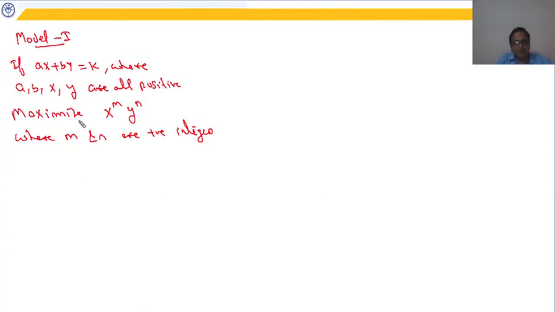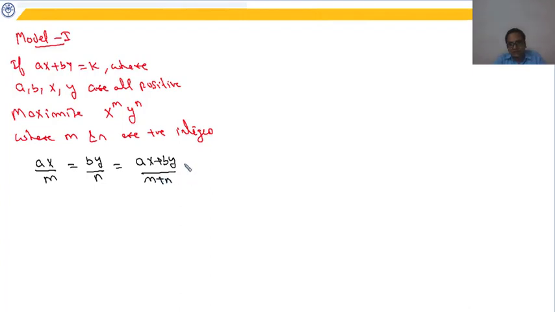So what we do? We divide ax by power of x and by by power of y. Ax upon m is equal to by upon n, and then we use the property of ratios. It says ax plus by upon m plus n.